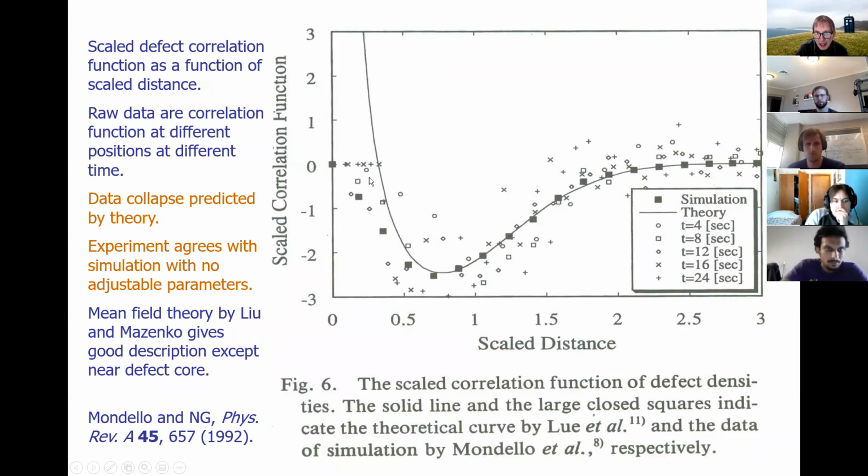And then the solid line is an analytical theory that was done by one of my former students and Gene Mazenko when he was a postdoc. And you can see that without any adjustable parameters, the experiment agrees with the simulation, and very closely, except at very small distances, with the analytical theory.